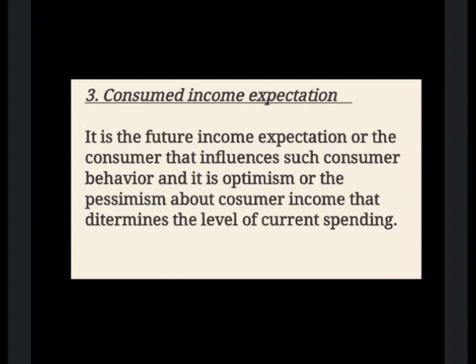So consumer income expectation is the income expectation of a particular customer, and its expectation determines the level of current spending. So for example, if her income expectation is 2,000 pesos, she should spend not more than 2,000 pesos.